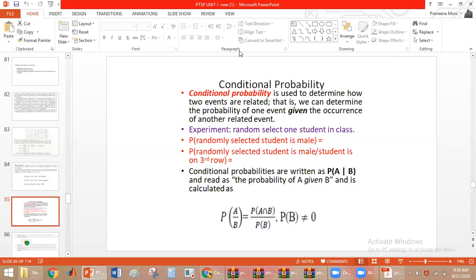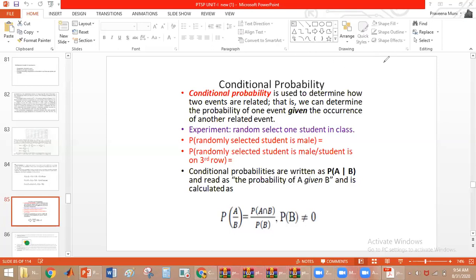In the case of conditional probability, if you see this Venn diagram, we will be writing like this. Say this is event A and this is event B. And what is this part? This is nothing but A intersection B. Very good.